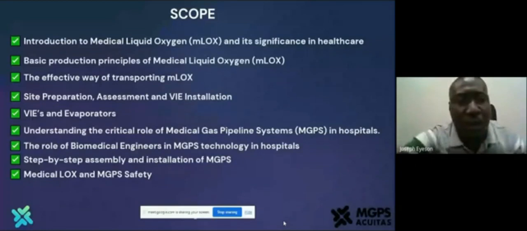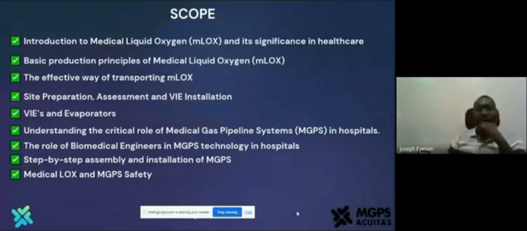We're going to talk about understanding the critical role of the medical gas pipeline system in hospitals. What is the role of biomedical engineers and ppes technology in hospital? And then assembling and installation of ppes and the medical LOX, and the safety of medical LOX and ppes.